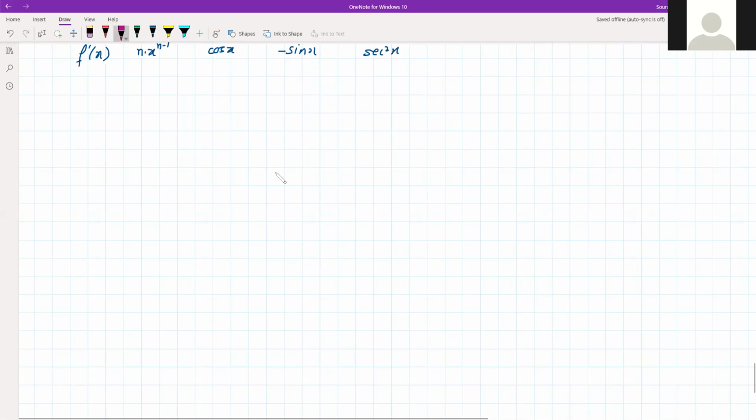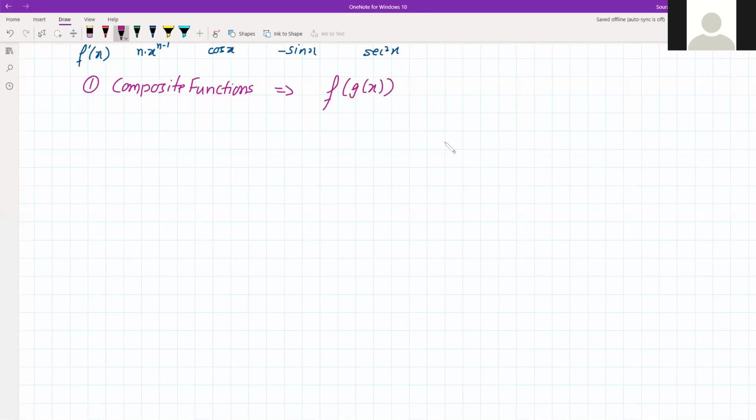So to start with, we have derivatives of composite functions. So composite functions means function of function. This we have seen this year. That is, suppose there is a function f of g of x. This is a composite function.